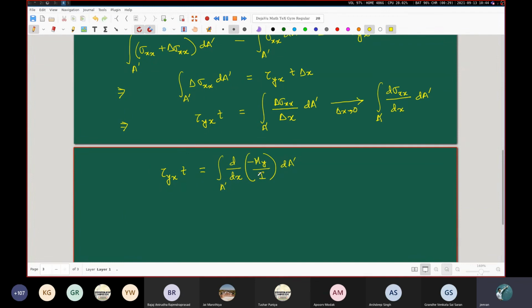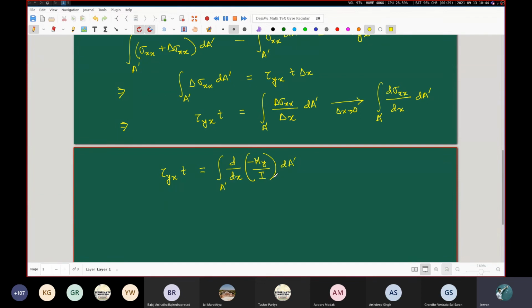So from within this expression, minus My by I, the y can be taken out of this differentiation, and the I can be taken out of this differentiation. M cannot be taken out. M has to stay within it.